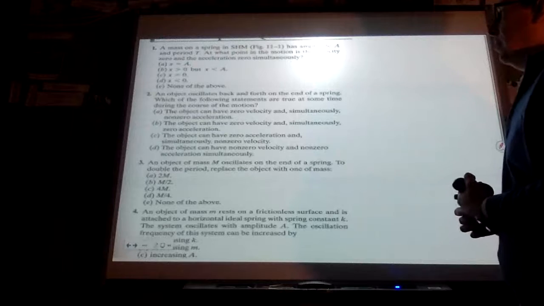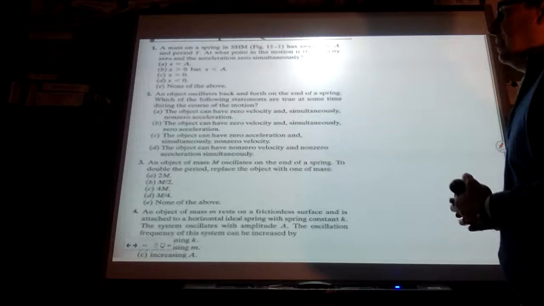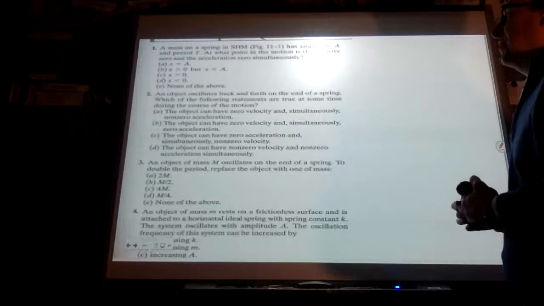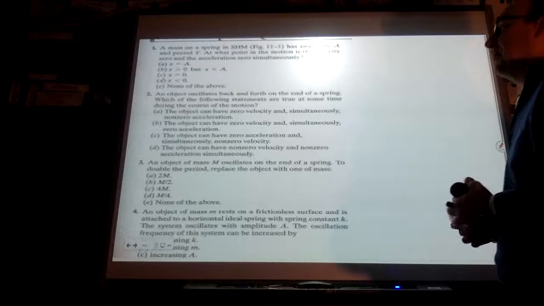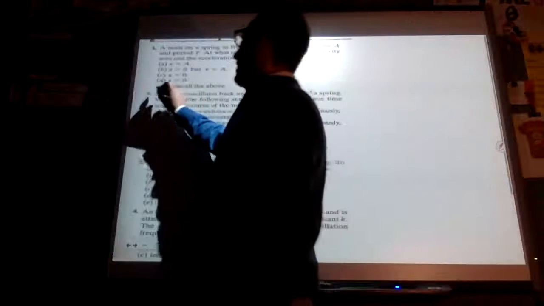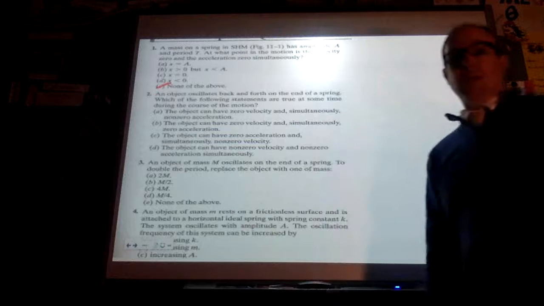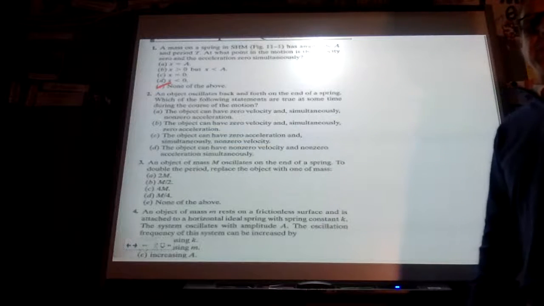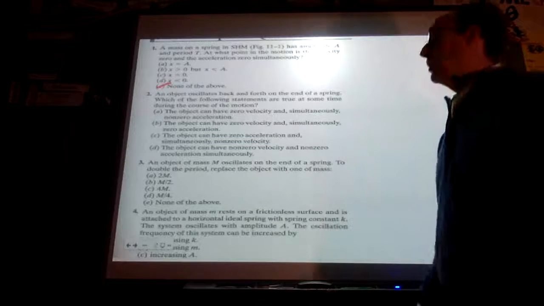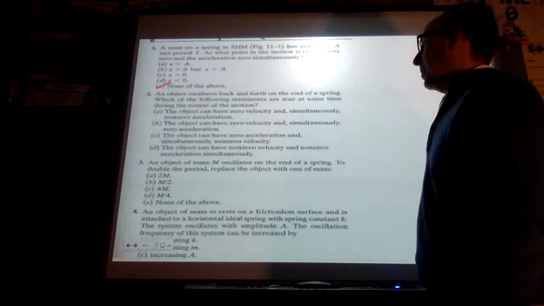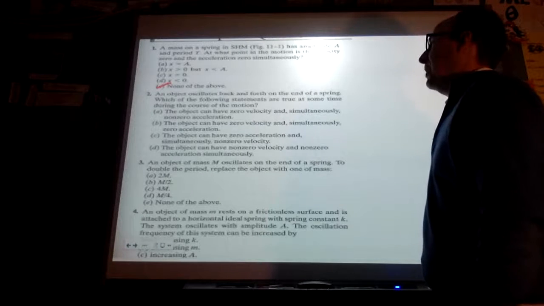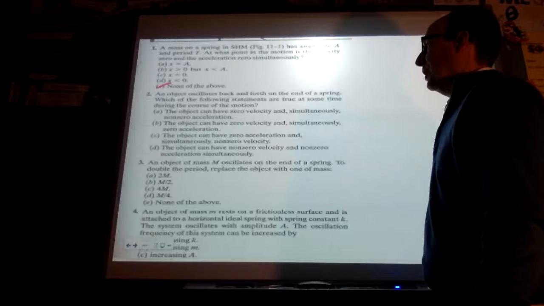A mass on a spring in simple harmonic motion has an amplitude of A and a period T. At what point in motion is the velocity zero and the acceleration zero? Simultaneously, never. The acceleration is zero at a maximum velocity when there is no spring force. An object oscillates back and forth on the end of a spring. Which of the following statements are true at some time during the course of motion?